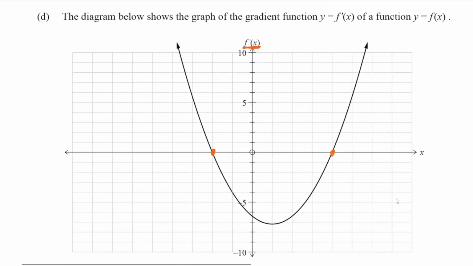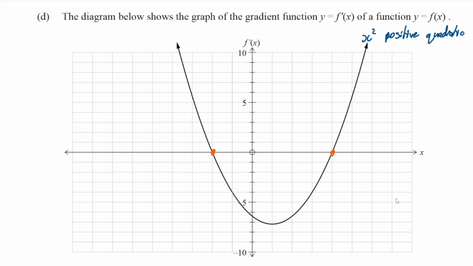Alright. I'm getting a bit ahead of myself though. What type of graph are we dealing with? Right now we have a positive quadratic, a positive parabola, so that's like x squared. This is the gradient function.